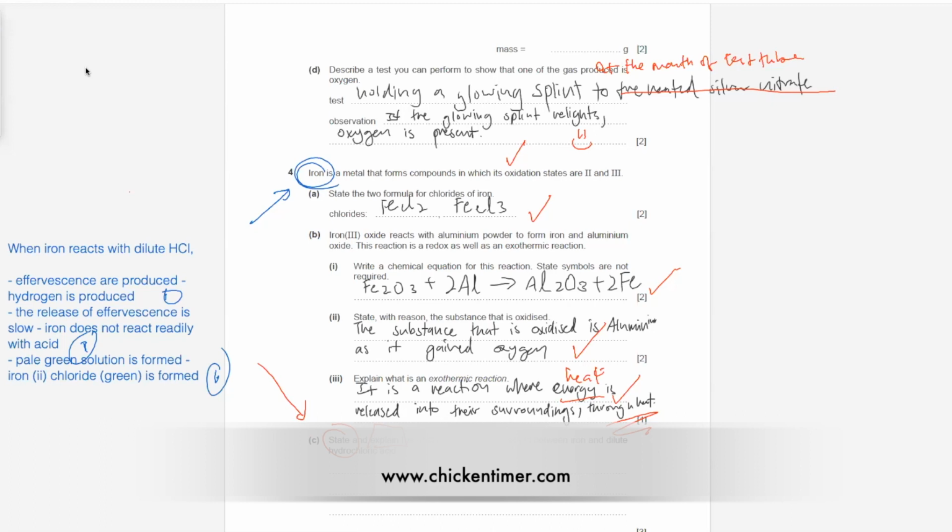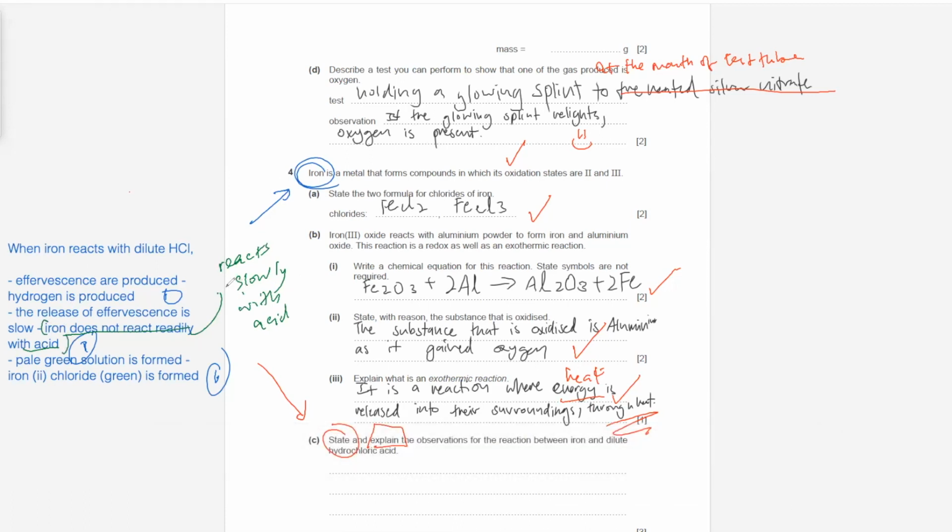So that's why I say you can always make your life a bit easier. You can say that iron reacts slowly with acid, which is just like I verbally said it. So if you're uncomfortable with this, you just use this. I think this will be good too.